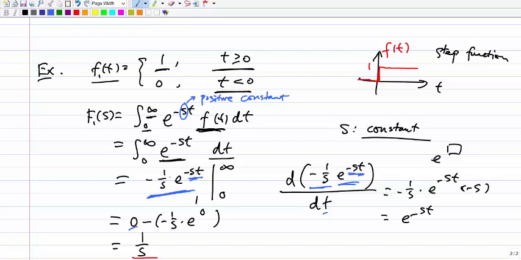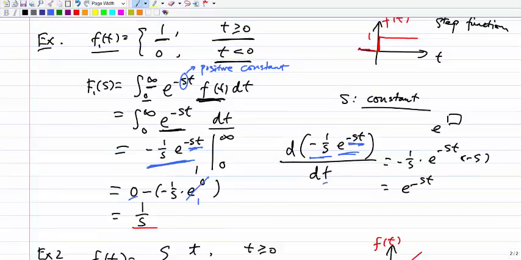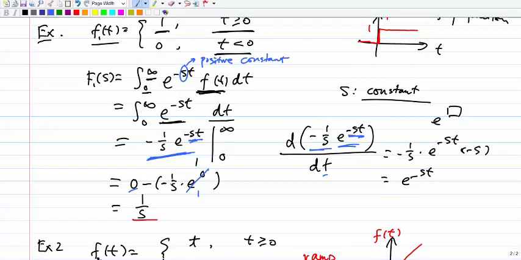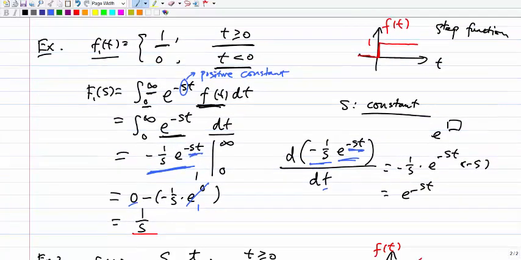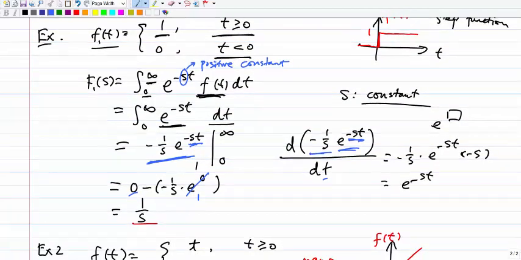So the upper limit gives 0. Then you replace t by 0: minus 1 over s times e to the 0, and e to the 0 is just 1. So this becomes minus 1 over s, and because of the minus sign in front, minus and minus cancel out, so I have 1 over s. The Laplace transform for this function turns out pretty simple, just 1 over s.